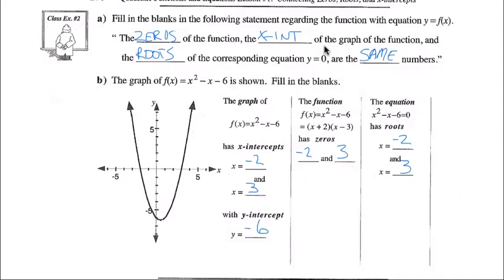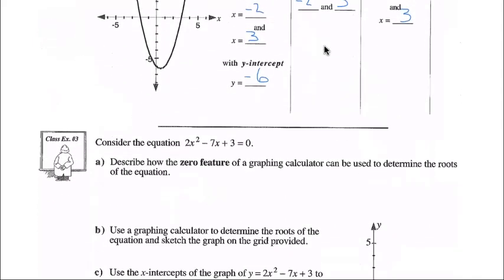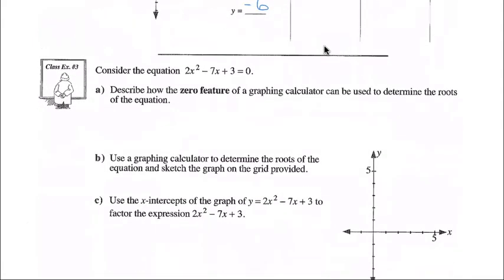Okay. Example 3. Consider the equation 2x squared minus 7x plus 3 equals 0. Describe how the zero feature of a graphing calculator can be used to determine the roots of the equation. Well, I know you all don't have graphing calculators, but what you can do is use Desmos.